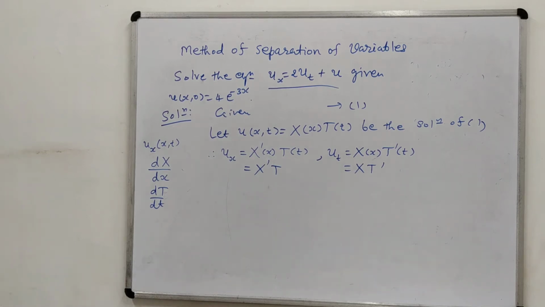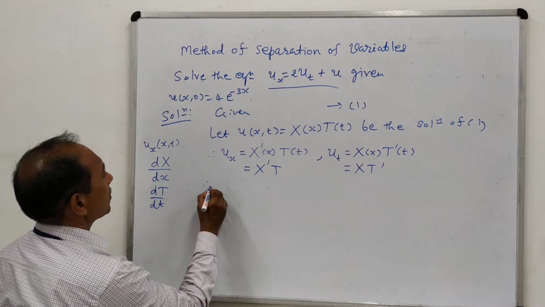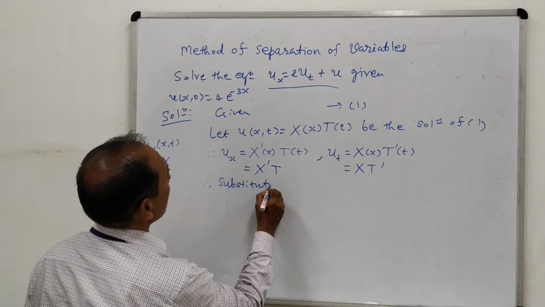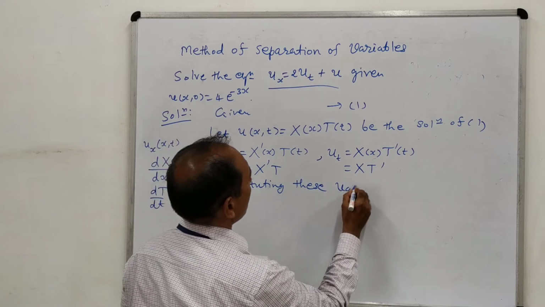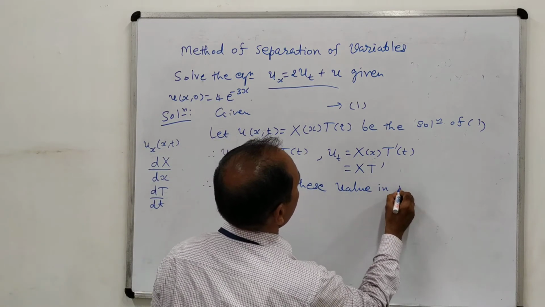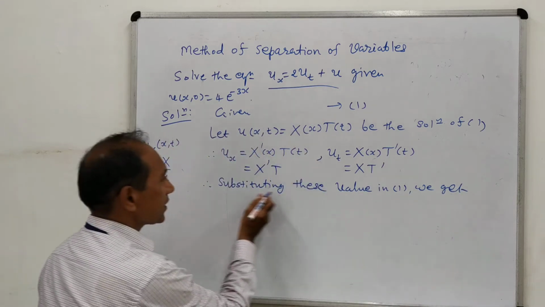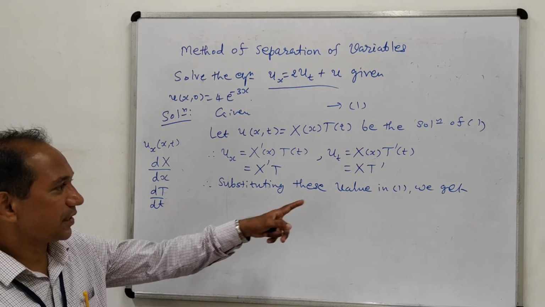So now see, here we will substitute these values. Therefore, substituting these values in equation 1, we get, so everywhere this kind of punctuation marks are required to write down the sentences.